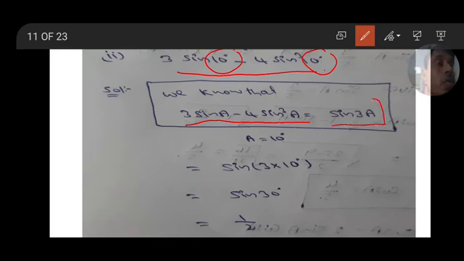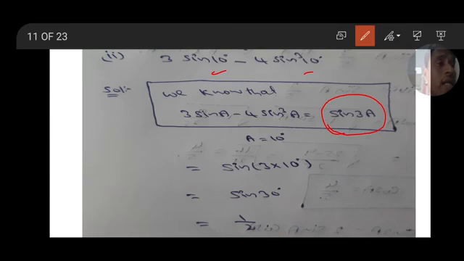That equals sin 3a, so sin of 3 into 10, that is sin 30. The sin 30 value is 1 by 2. We don't know the sin 10 degrees value directly, so we convert it into the form of sin 3a. 3 into 10 is 30, and sin 30 is 1 by 2.